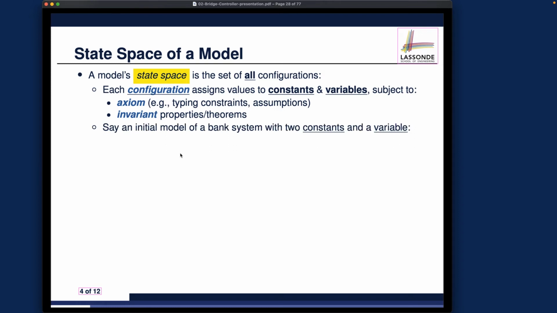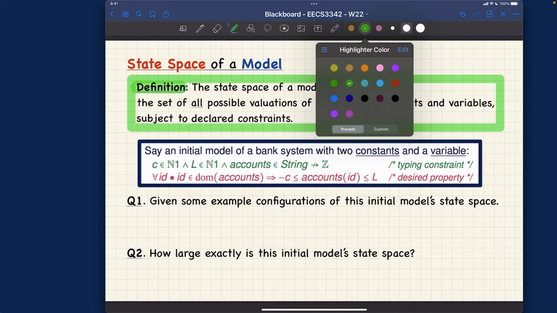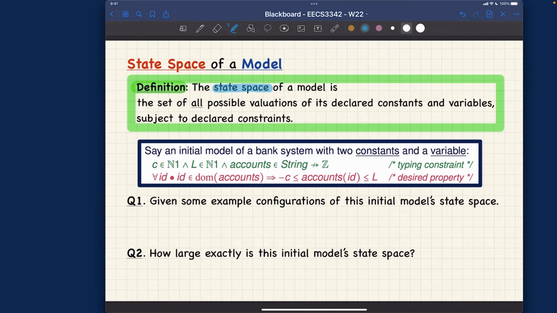Let's now talk about one example over here. Let me switch to my iPad and make all the points I would like to convey. Right, so we talk about the state space of a model, and let's revisit the definition. The state space of a model is simply the set of all the possible valuations or configurations.